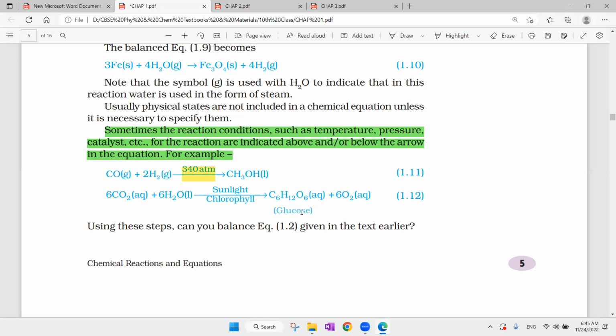Within 1 minute, instead of 1 day, the milk will be curdled. So it has increased the rate of reaction. That lemon juice is nothing but a catalyst, which is used to increase or decrease the rate of reaction. Clear? Yes, sir.